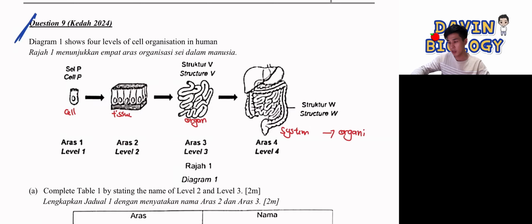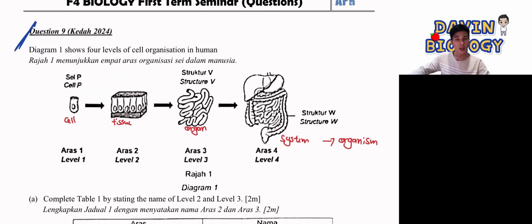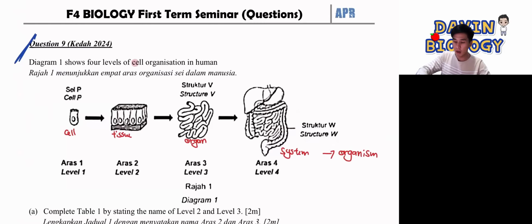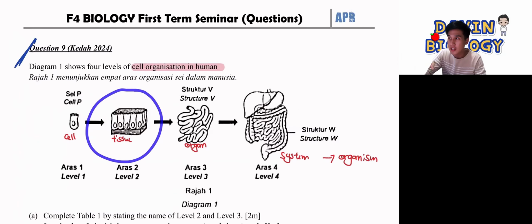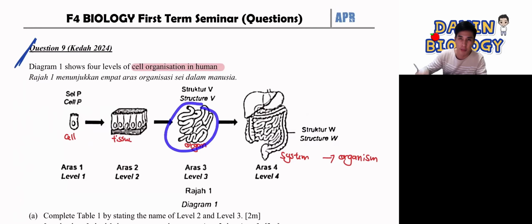So those are what we call cell organization, or tissue organization. Now, we will focus more on tissue. Questions mainly like to ask about tissue more, which is a bit harder, because organs you all know, right? Brain, stomach, intestine, but tissue maybe slightly harder.